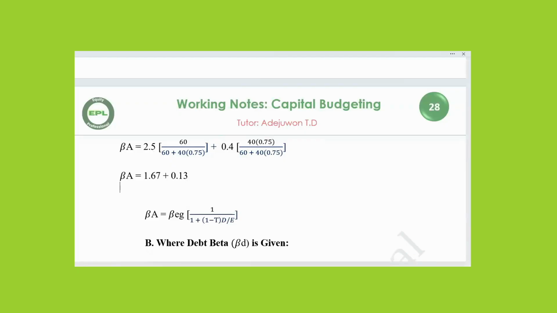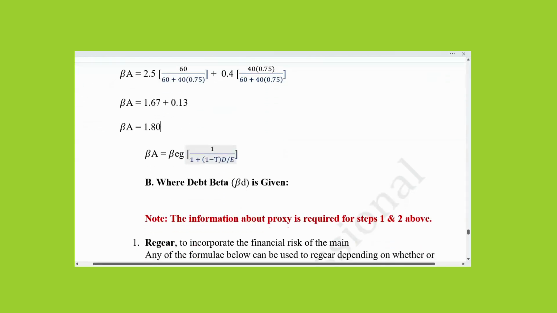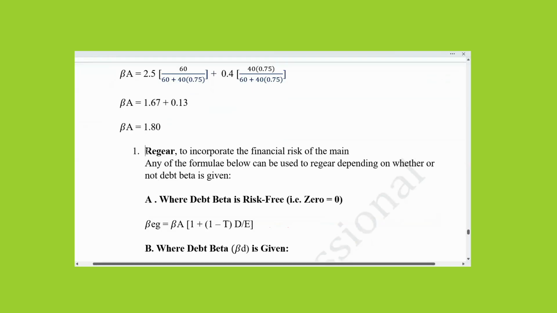So when you add the two together, our asset beta will then be equal to 1.80. That is the asset beta. All right. This is the asset beta that measures the cement industry. Now that we have the ungeared beta, we then need to re-gear to incorporate the financial risk of Telemundo.